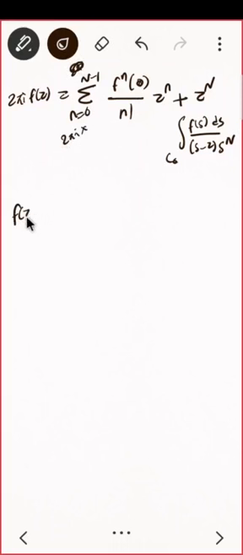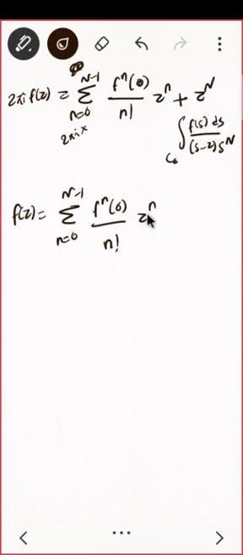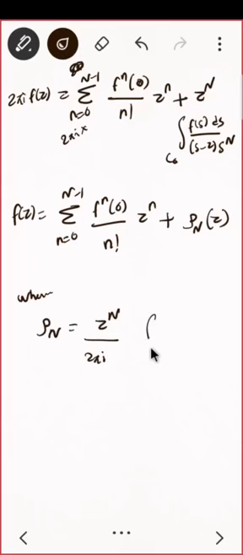So I will be having f of z is equal to summation n equal to 0 to n minus 1 f nth derivative at 0 upon n factorial and z raised to n, and plus that term divided by 2 pi I, say rho n of z, where rho n is equal to z raised to n upon 2 pi I integral over c naught f of s ds upon s minus z s raised to n. This is what I am having, correct?